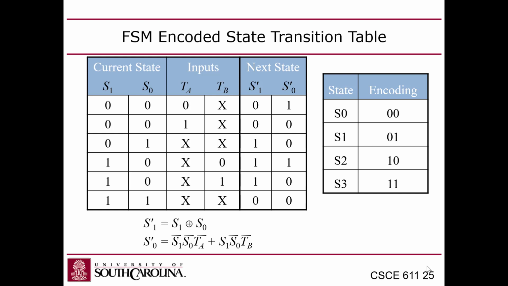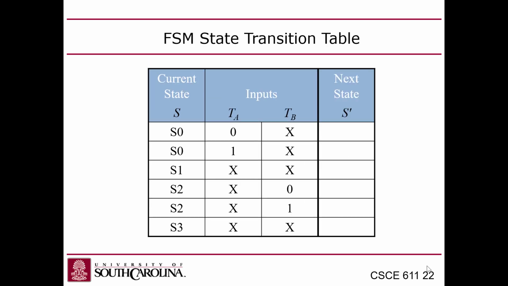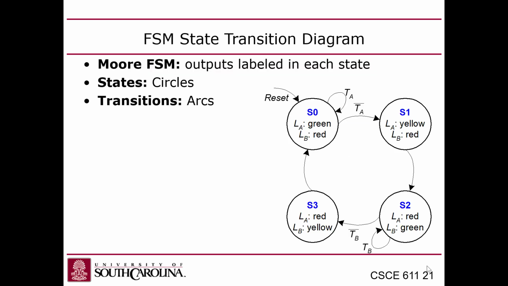This is very similar to doing, it's really just building a truth table. But the tricky part is you're looking at all of the arrows in the state machine and you're converting that to a table, right? That's the tricky part. So when your current state is S0 and T sub A is 0, then the next state will be S1, right?